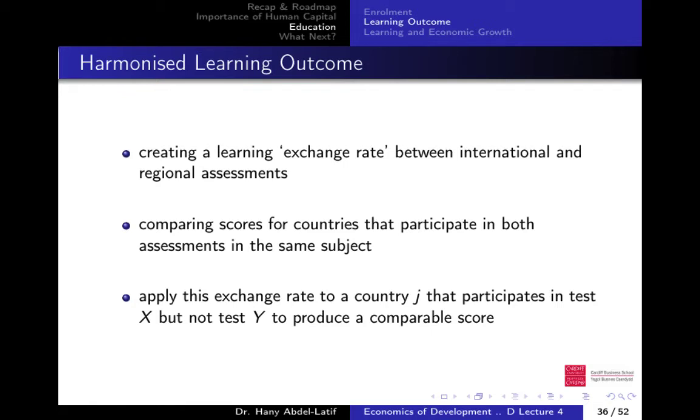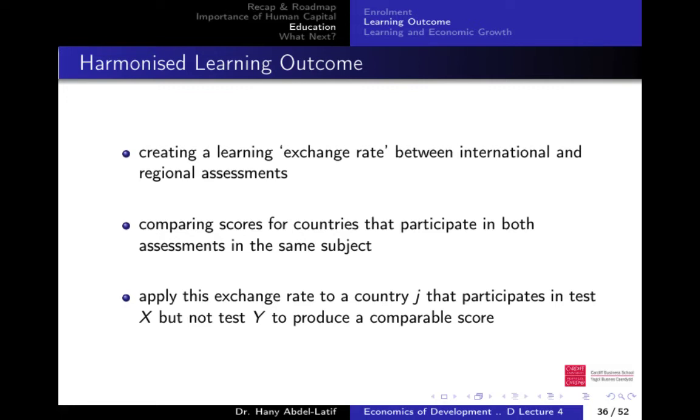But briefly, how they construct the learning exchange rate is based on comparing the scores for countries that participate in both assessments in the same subject. They focus on reading and math, I think. They take the average score in different countries if they have similar assessments, and then use this to construct what they call the exchange rate.